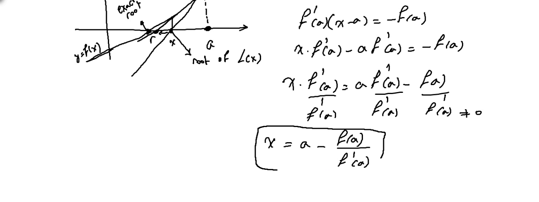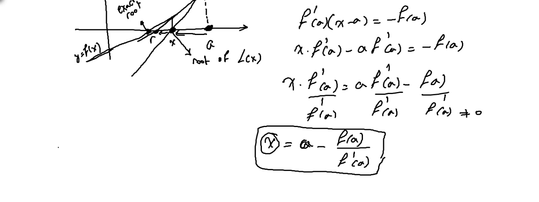We can find x by taking this linearization equal to 0, so from a we can go further toward R, and we find x, which is a minus f of a over f prime of a. What do we do in this case? We start with this initial guess, which is a. Let's name it x node, and this second guess, let's name it x1.